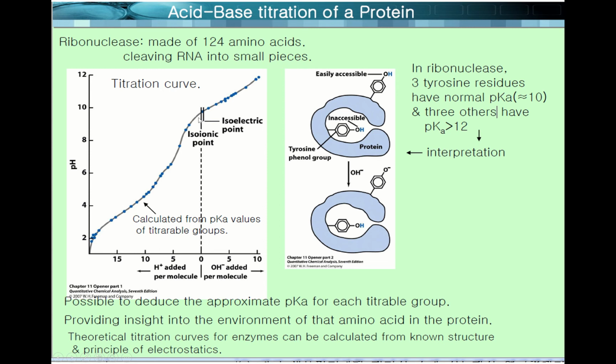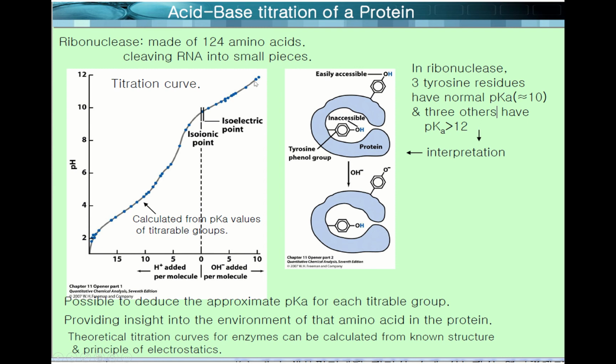Then people measured the pH, this part, and from this part when you added strong acid, as titration goes on, the pH decreases. These are the experimental points.